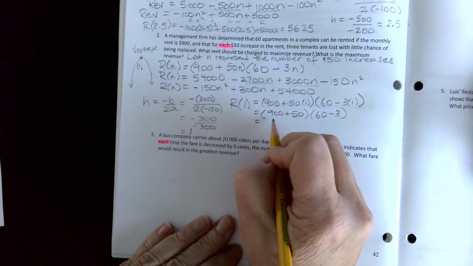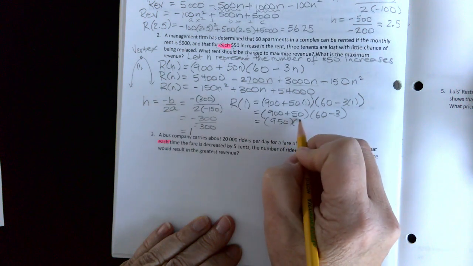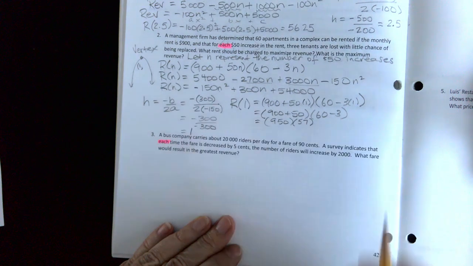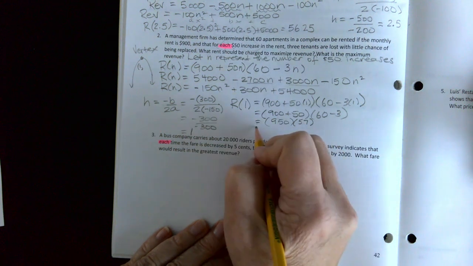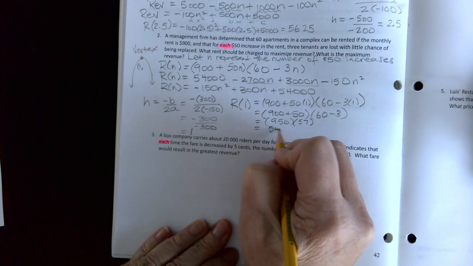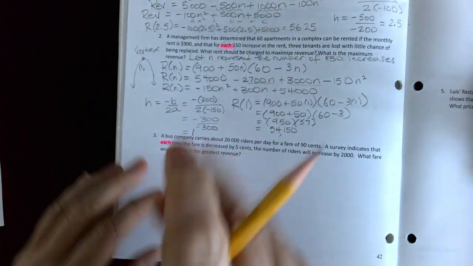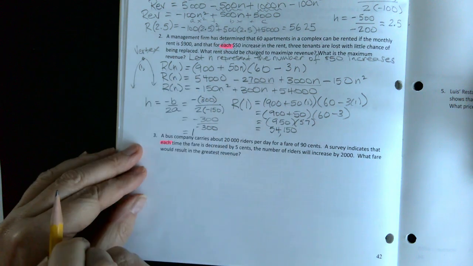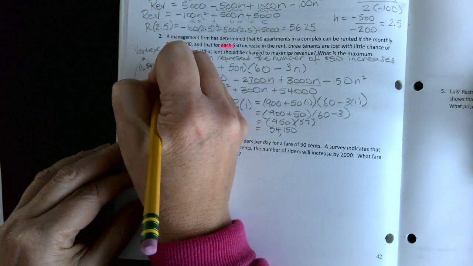So we get $950, 57 tenants. And when you multiply those together, you'll get 54,150. Okay, I'll write it here in my ordered pair, 54,150.